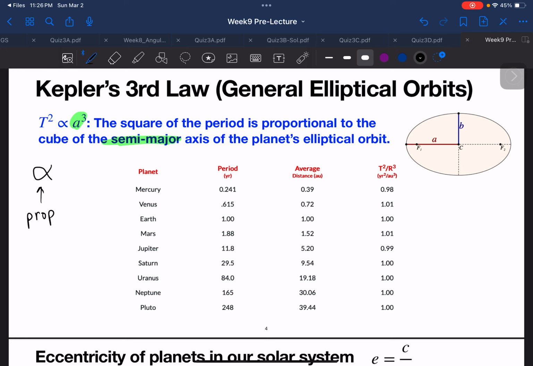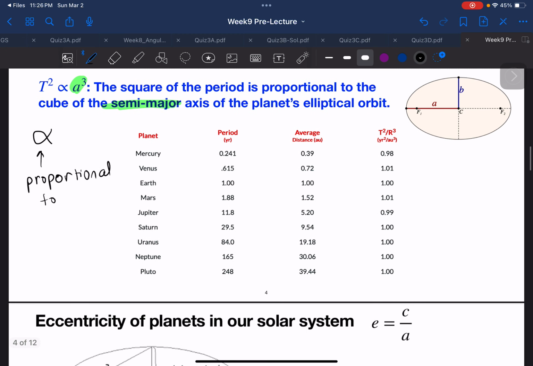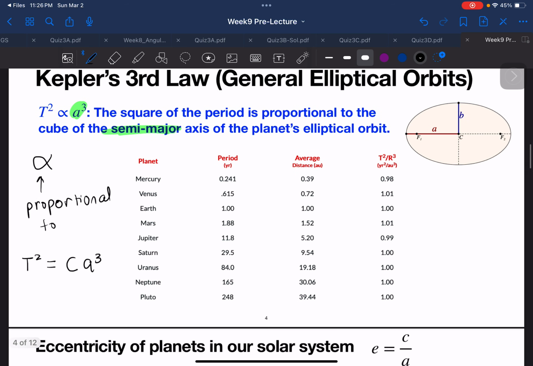It looks very much like an alpha, but it means proportional. And when something's proportional to something else, that's just like saying that T squared is equal to some constant of proportionality times a cubed. And T here is the period of the orbit, meaning how long it takes for the planet to go through one full orbit.